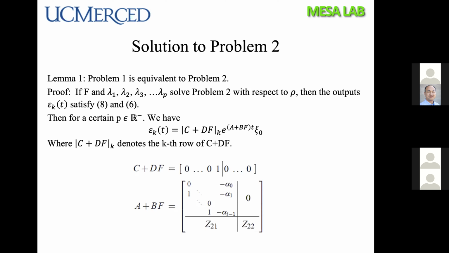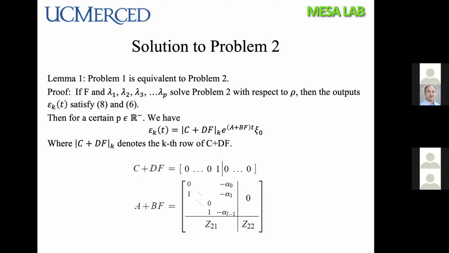Next, assuming that feedback matrix F solves problem 1 for a certain rho belonging to the negative reals, the checking error is the output of the closed-loop system sigma, and its components can be written as epsilon_k(t) = [C+DF]_k e^((A+BF)t) x0, where [C+DF]_k denotes the k-th row of C+DF.